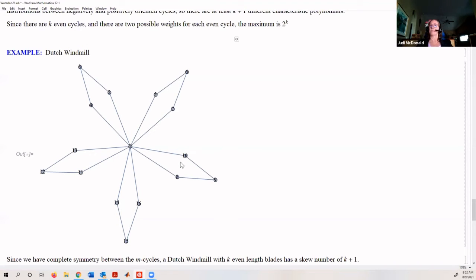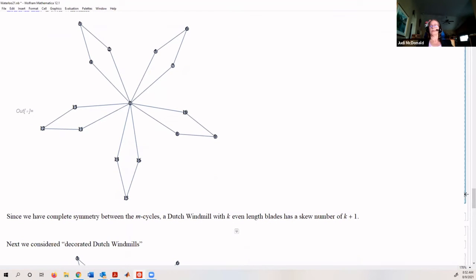So it's pretty easy to show that if you've got a Dutch windmill with even length blades, then the skew number is going to be K plus 1, just because there's so much symmetry in how these cycles contribute to the characteristic polynomial that really all that matters is how many you have positively oriented and how many negatively oriented. Your characteristic polynomial is completely determined by that relationship.